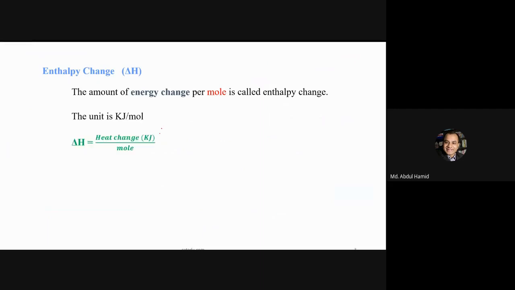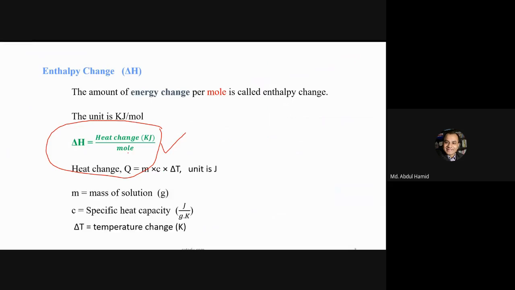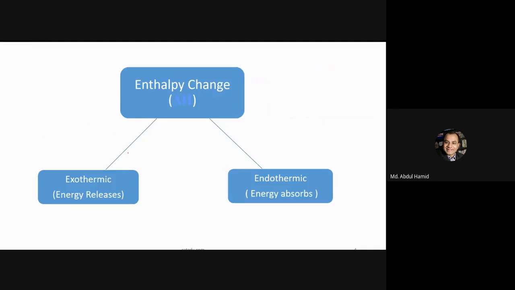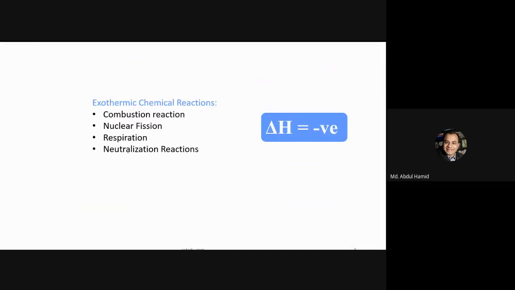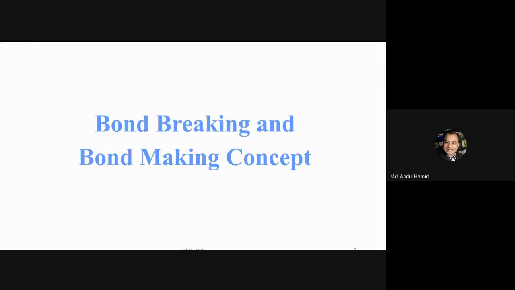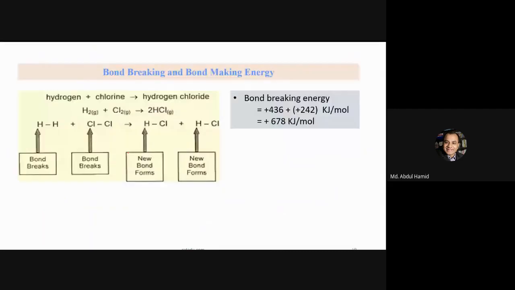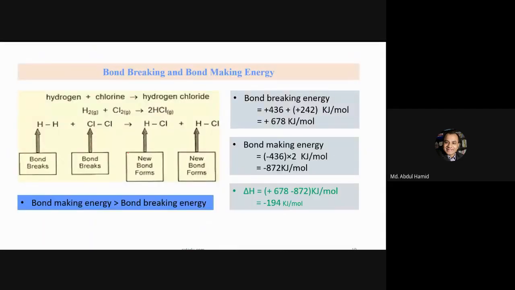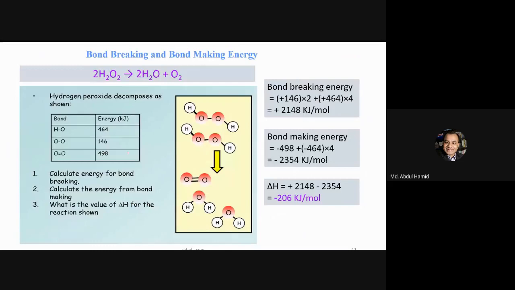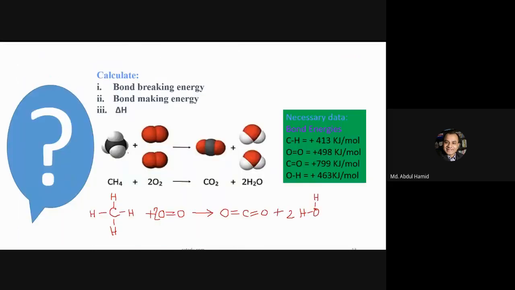This line, Farhan, you have to understand. Heat change per mole. For one mole, the amount of heat change is the enthalpy change. Sometimes it is positive, sometimes it is negative. Positive is endothermic, negative is exothermic, with examples of exo and endo. Also the bond making and breaking concept. This is very important. I gave you so many home tasks to clear your understanding.